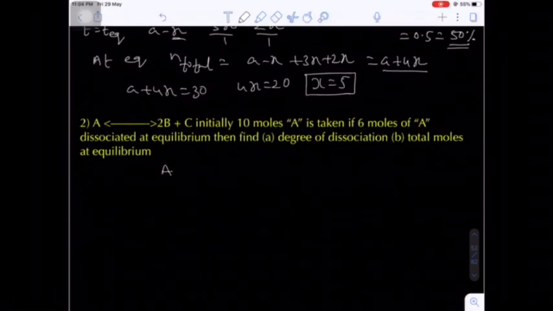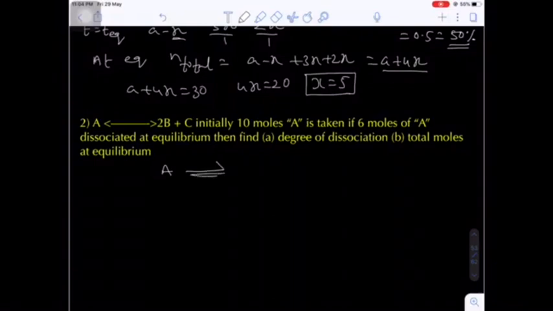There is one more question given to you. A equilibrium 2B plus C. Okay. Now how many moles initially given to you? 10 moles. Let's say I am trying to solve in a general way.